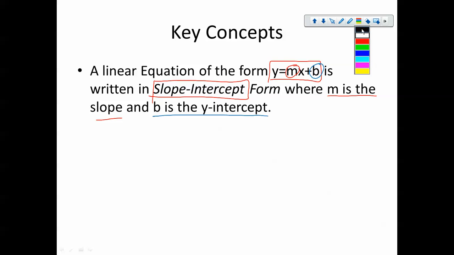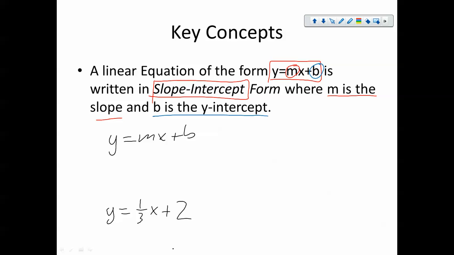To give you a quick example, when we have y equals mx plus b, and then we have an equation like y equals 1/3 x plus 2, this number right here is the slope.